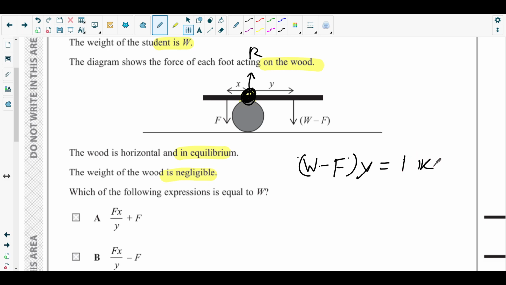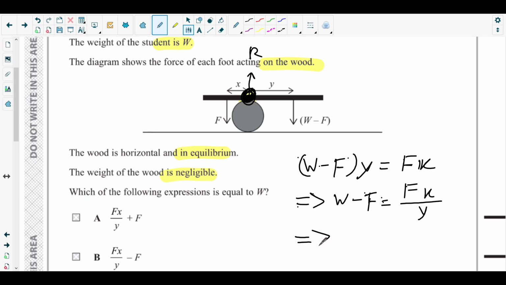So we need W. What you can do here is divide both sides by y. So W minus F equals Fx over y.